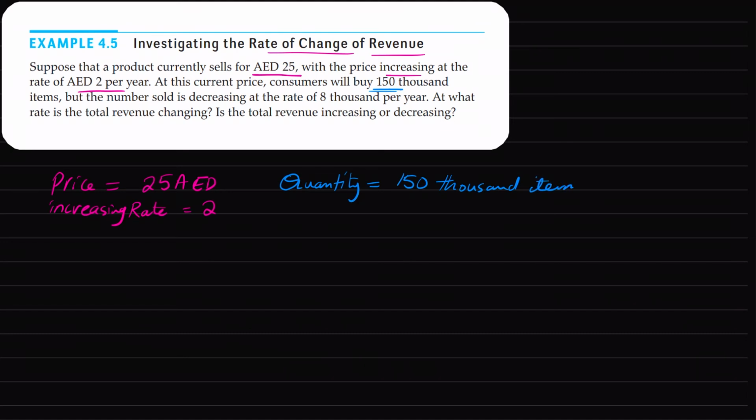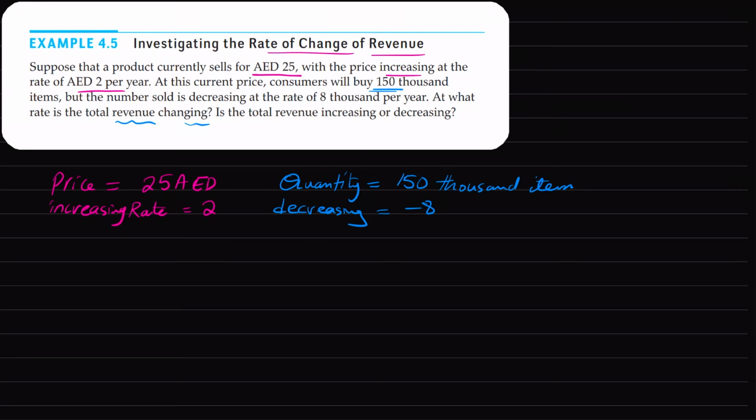But the number sold is decreasing. It's negative 8 because it's decreasing by 8,000. At what rate is the total revenue changing, and is the total revenue increasing or decreasing?